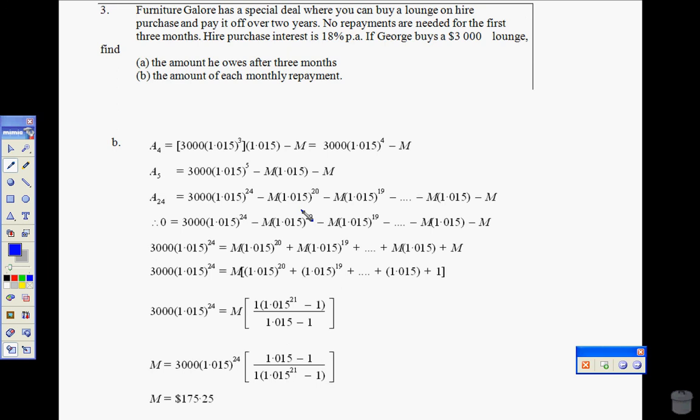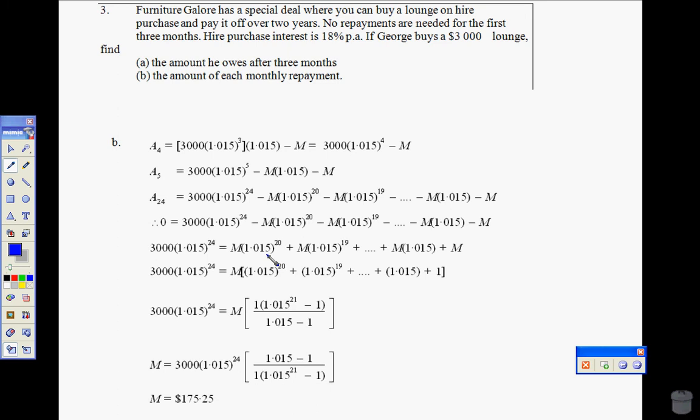People who use a formula for this one will generally get it wrong because they won't get the correct number of values. Even though you've had the loan for 24 months, with interest being charged every month, you're only making really 21 payments, because you're making the first payment in the fourth month. So you've lost 3, and 24 minus 3 is only 21 repayments.